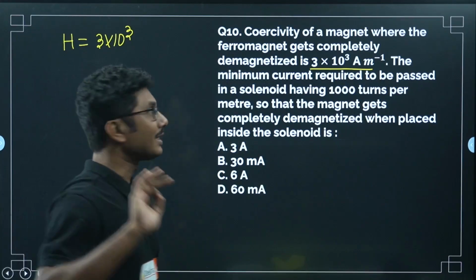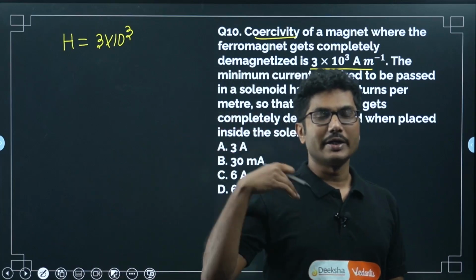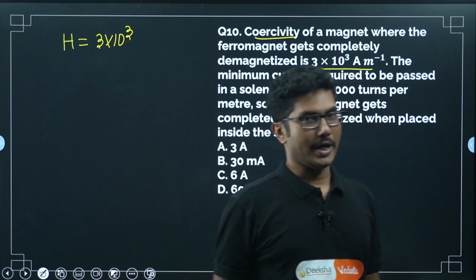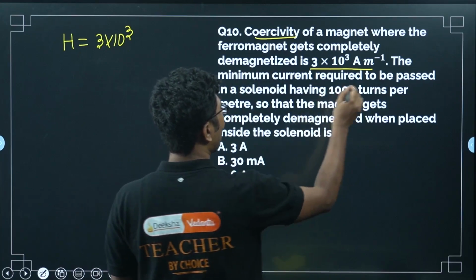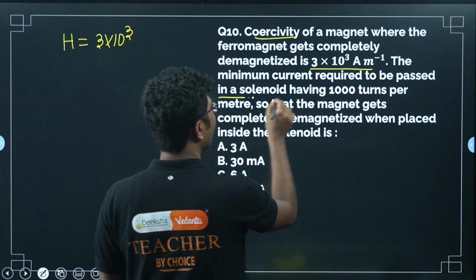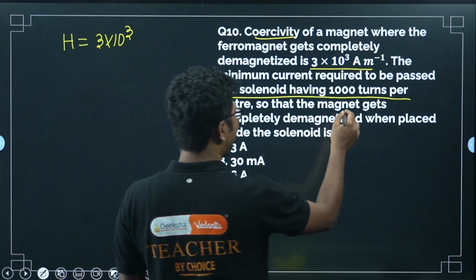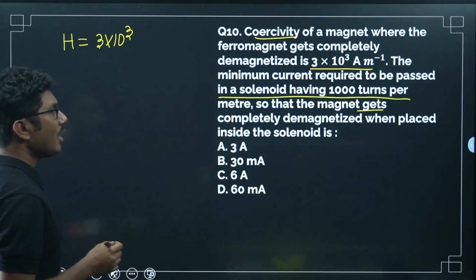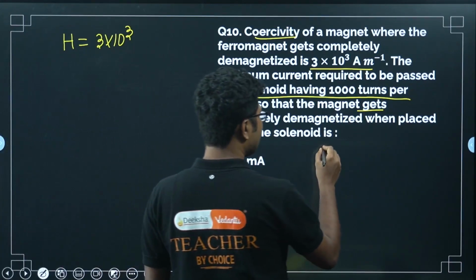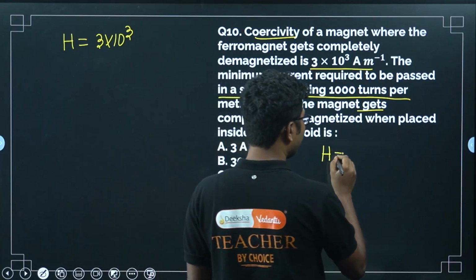So instead of using the term coercivity, they have changed it to the term magnetic intensity required. Now the minimum current required to be passed in a solenoid having 1000 turns per meter, so that the magnet gets completely demagnetized. So what you have to do is use the formula that inside a solenoid the magnetic intensity that can be developed is ni.